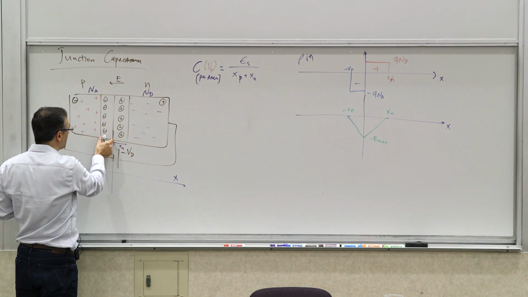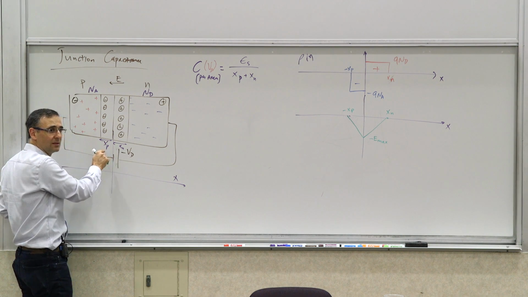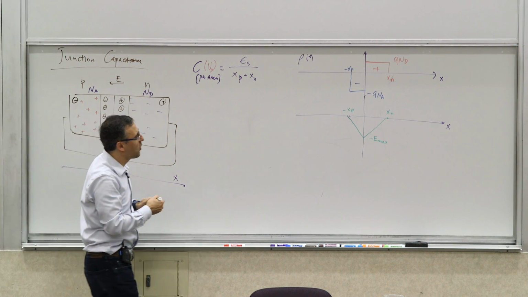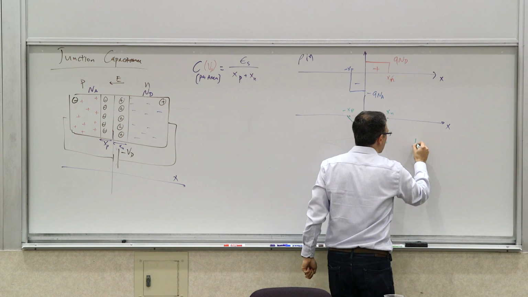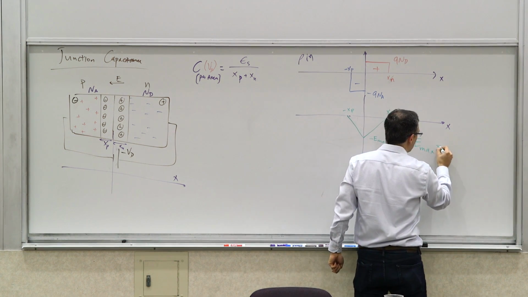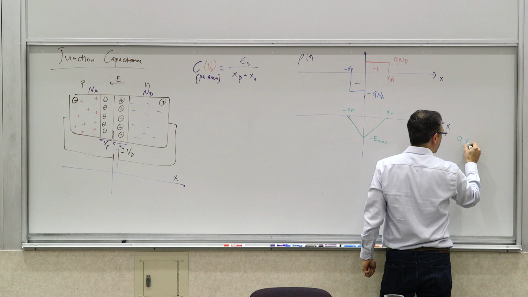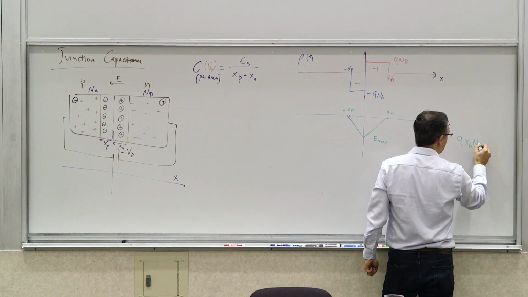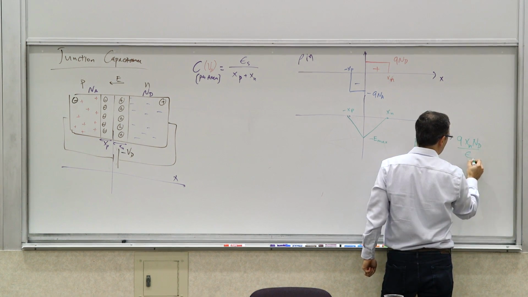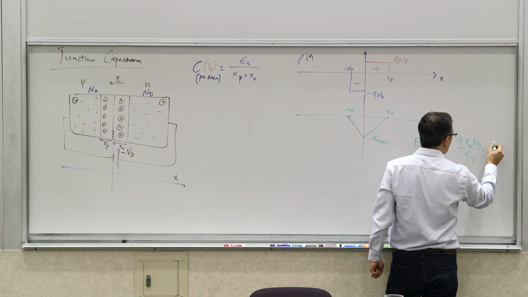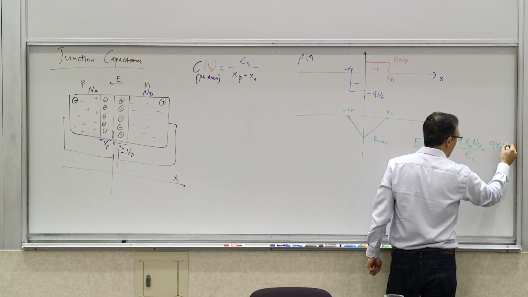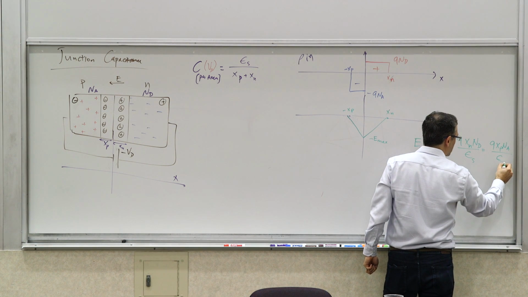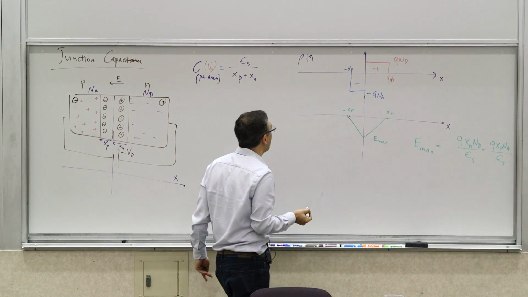It is basically the volume charge density times xp, right? So Emax is going to be q xn nd divided by epsilon of the semiconductor, which is equal to q xp Na divided by epsilon.